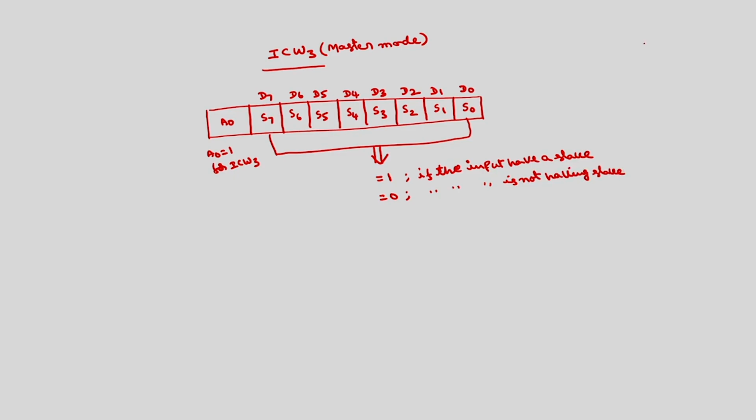As I have just now discussed about the cascading of 8259, this is master 8259. This is IR0, IR1, and so on up to IR7.